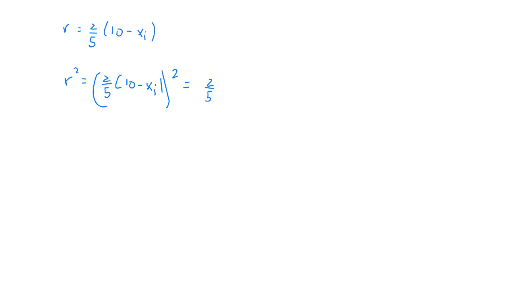That's 2/5 squared times 10 minus xi squared, which equals 4/25 times 10 minus xi squared. Right, this is r sub i squared.